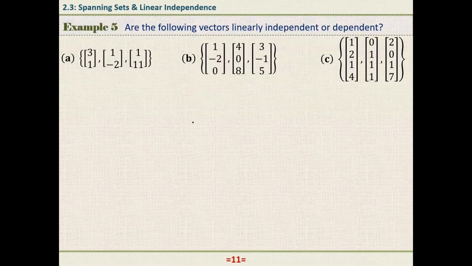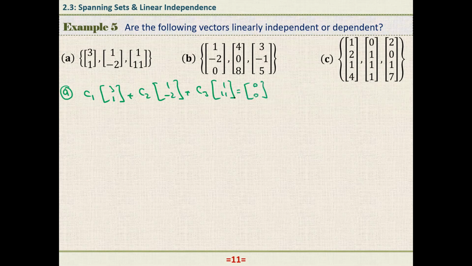Are the following vectors linearly independent or dependent? That means, is it possible to find, for A, for example, c1 times (3, 1), plus c2 times (1, -2), plus c3 times (1, 11), that is equal to the 0 vector, (0, 0)?